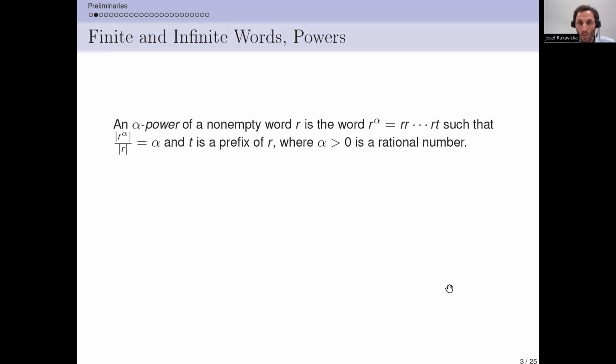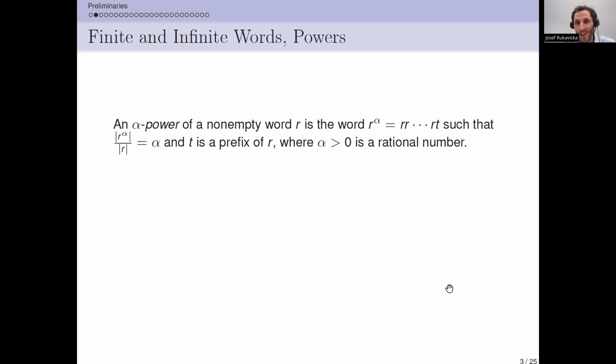So basically, power means a repetition. In many papers, only integer values of alpha are considered, but for my paper, for my results, I repeat, alpha can also be a rational number.